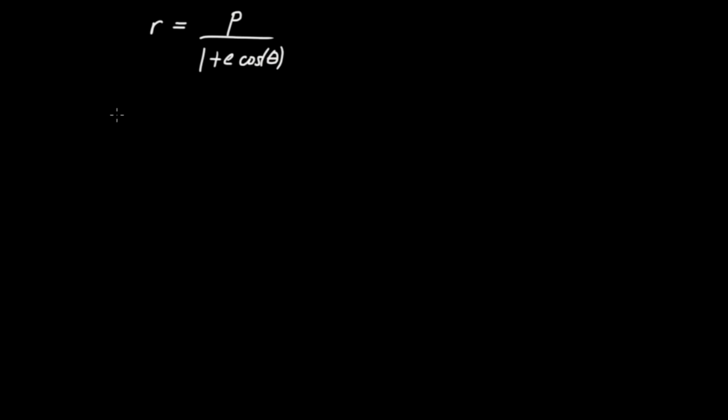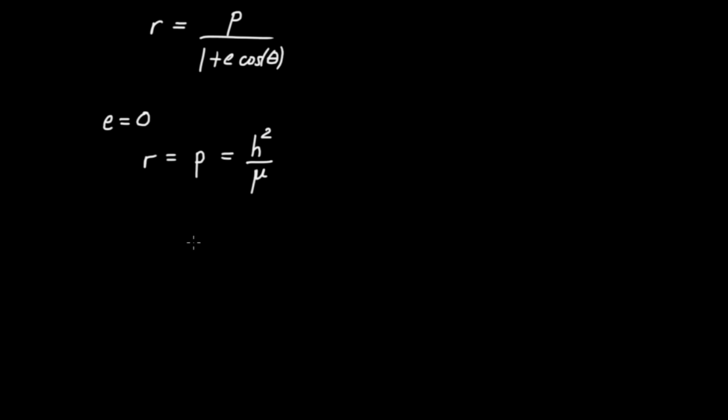The first case I'd like to consider is the case when the eccentricity is equal to 0. Now what happens to this equation when e is equal to 0? We get a 0 in this term here. The denominator is just 1, so I get r is equal to p. So actually r doesn't depend upon theta at all. It's just equal to that constant p, which remember was the squared angular momentum per unit mass, divided by mu, the gravitational parameter.